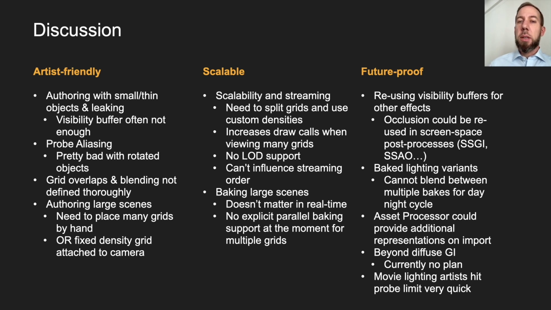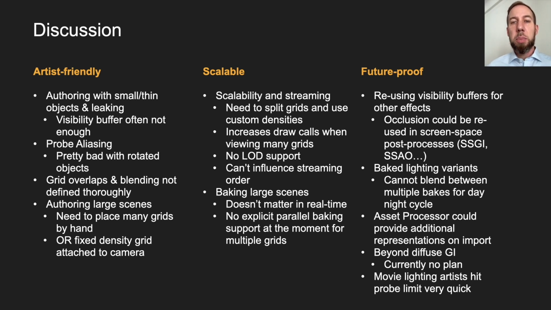But that, of course, introduces leaking everywhere, and the occlusion buffers won't fix all of the issues. Additionally, the regular layout of the probe grids causes really bad aliasing artifacts along rotated objects inside a grid, with many probes getting stuck inside geometry. Basically, the artist needs to balance scaling costs and visual quality by hand.